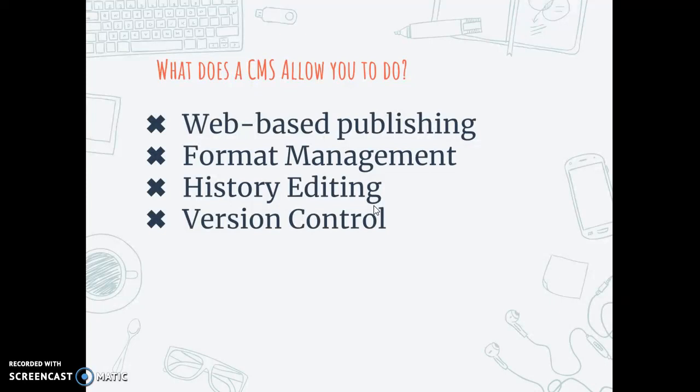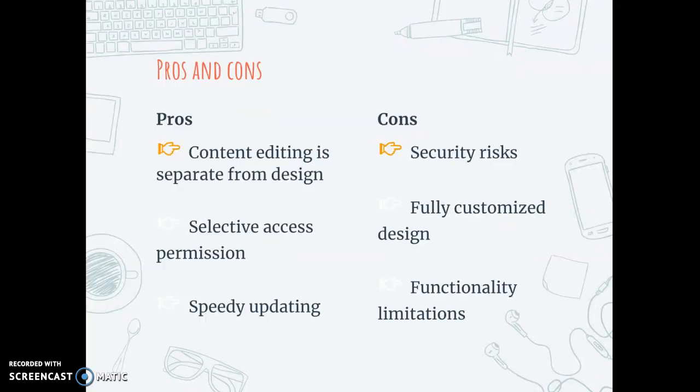Okay, now in summary, here are the things that it can do. It can help in web-based publishing, format management, history editing, and version control. Because everything that you publish, there is a date and time. Pros and cons. Okay, I have mentioned several of these a while ago. So one of the pros is content editing is separate.